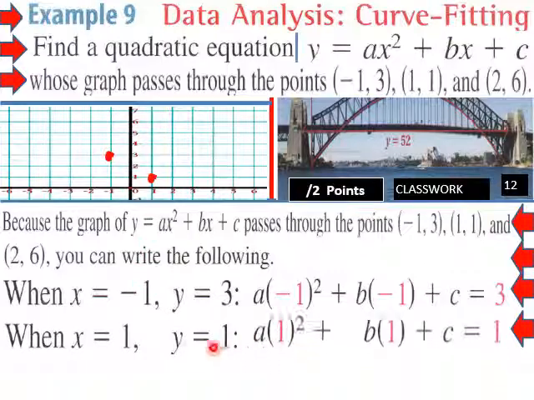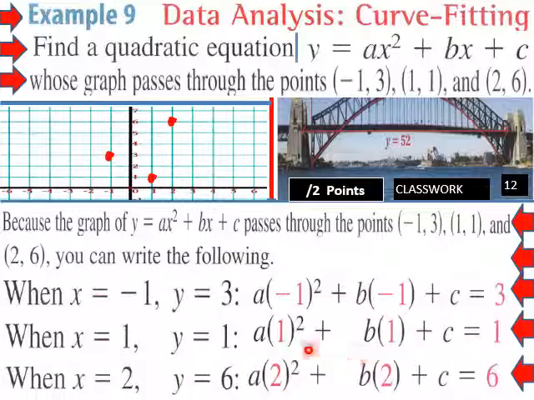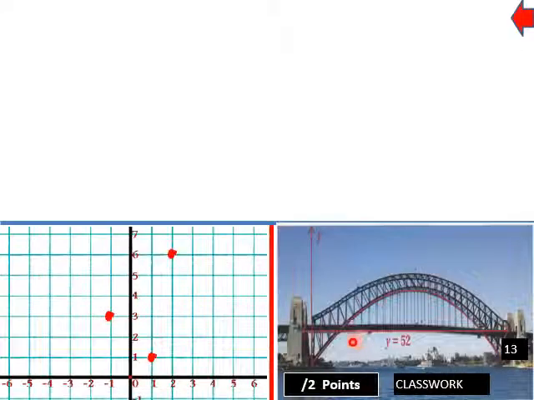And then when x equals 1, y equals 1. That will be a times 1 squared plus b times 1 plus c will equal 1. And then when x equals 2, y equals 6. So a times 2 squared plus b times 2 plus c will equal 6. So what do we do with that?